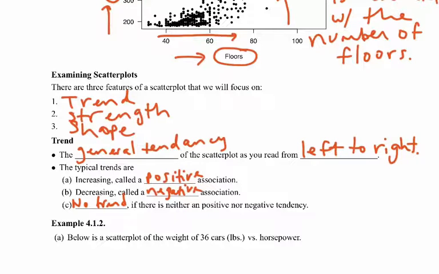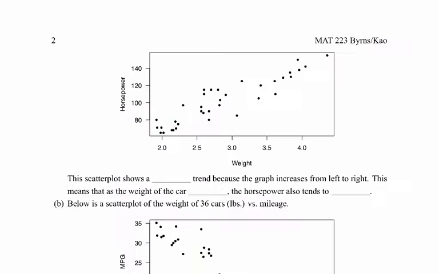All right, so the next example, we have a scatter plot of the weights of 36 cars versus their horsepower. Sorry, this ended up on the next page, so you're going to need to turn the page with me. So here's the graph. We've got the weight along the independent axis and the horsepower along the dependent axis. How would we describe this trend?